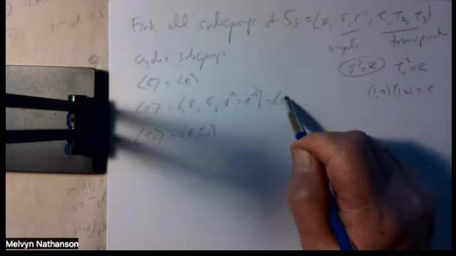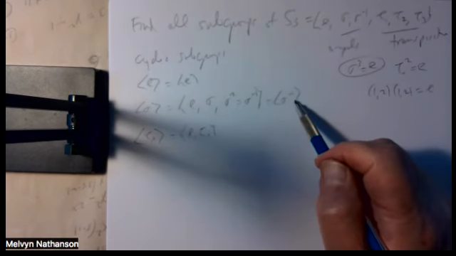The subgroup generated by sigma inverse is the same as that generated by sigma, because sigma inverse is sigma squared, and if I square it, I get sigma. So S3 contains 5 cyclic subgroups.